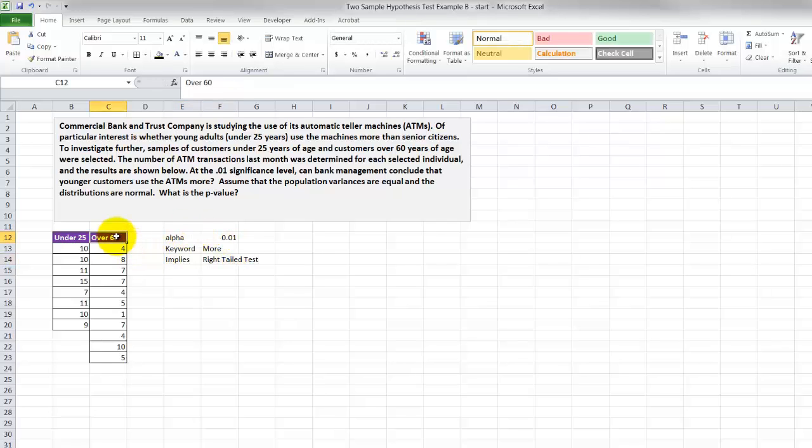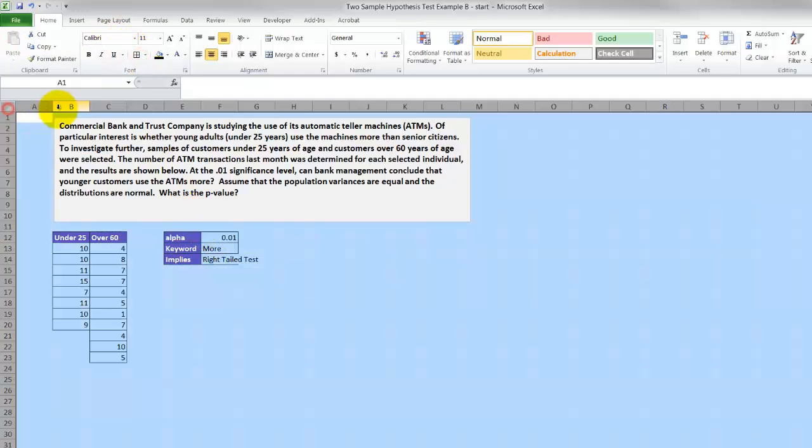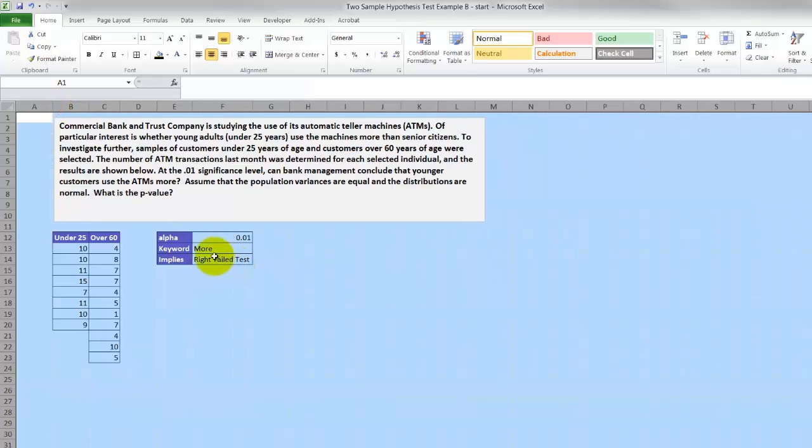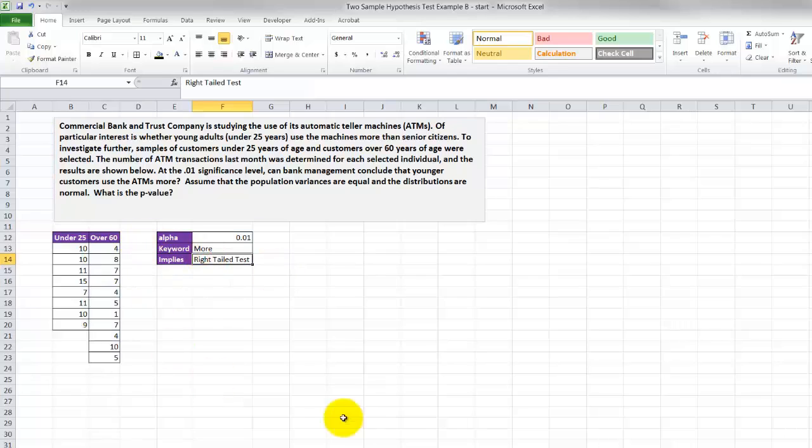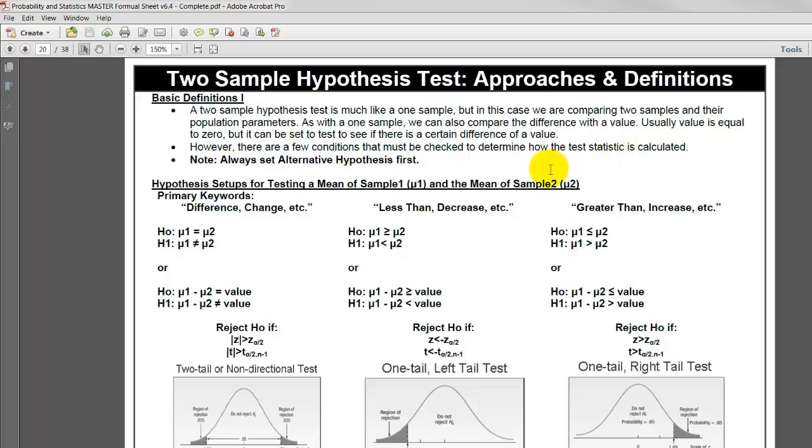Okay, so let's apply a little formatting. Keep this spreadsheet looking sharp. Okay, so we have a right-tailed test. We definitely have a situation where it's a two sample. Let's go ahead and look at our formula. So once we open up our formula sheet, we have a case where we can narrow down what the hypothesis looks like.